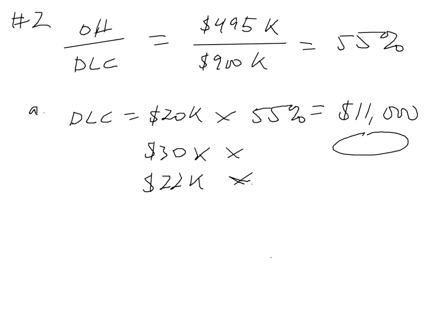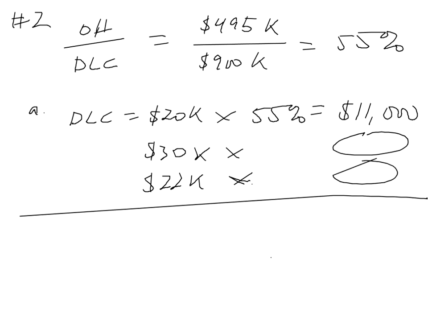Okay. Now for part B, it says what is the over or under applied manufacturing overhead for year 1? All right. So part A and part B, you're not going to use the information you calculated in part A to get to part B. I mean, those individual jobs aren't going to make a difference.